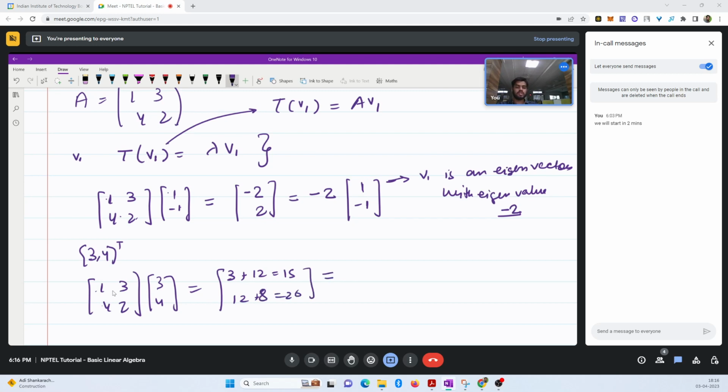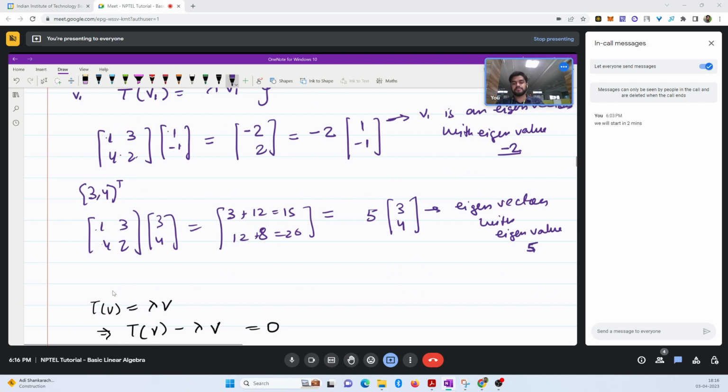So what is it? You can take 5 out and you get 3 comma 4. So this is also an eigenvector with eigenvalue 5. Okay. So this was to verify whether a vector is an eigenvector or not. We will later see how we find this eigenvector or eigenvalue in the first place. Okay.